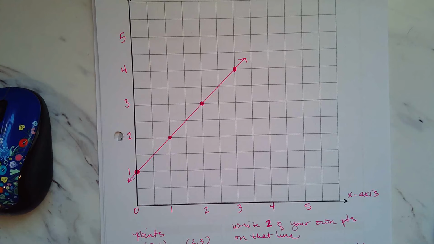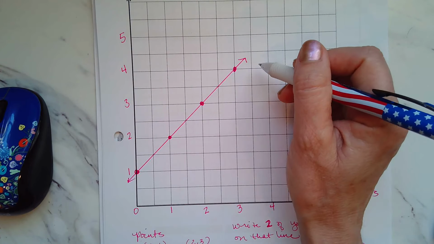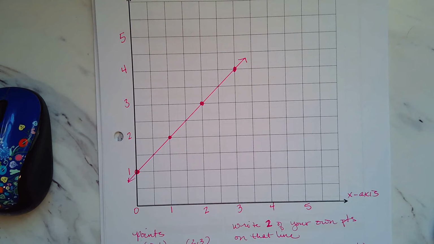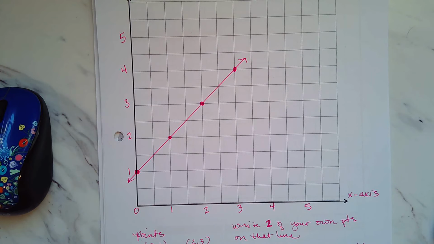All right. Your next task, I want you to write 2 pairs of whole number coordinates on the line passing through the points you plotted. So I want you to pick 2 more places, and I want you to name those coordinate points. Write them down, like mark it and then just label it.